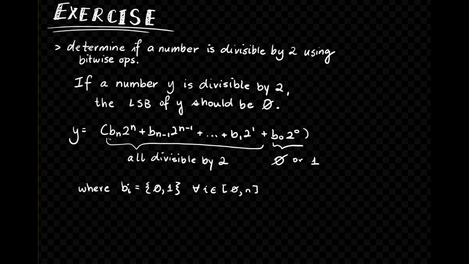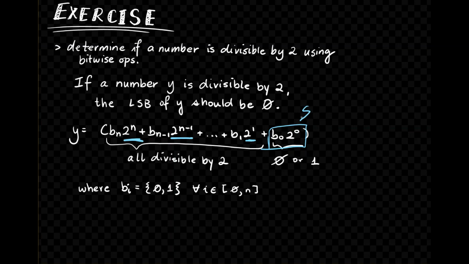In our representation of y, if we break it down into its bits, this last term here, the least significant bit, is 0 or 1, whereas the rest of these are all divisible by 2, because this is 2, the next factor is 4, 2 to the n minus 1 is divisible by 2, 2 to the n is divisible by 2.